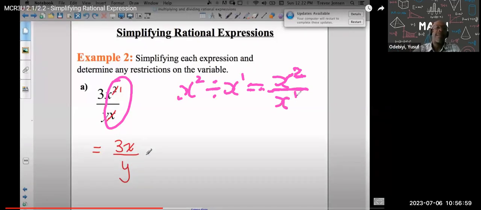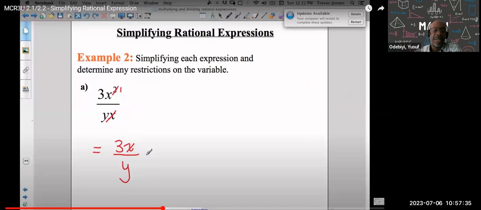It all means the same thing, right? I subtract the exponents. So in the end, I'm just going to have x to the power of 1, because it's x to the power of 2 minus 1. I'm just showing you, you guys probably know this, hopefully you do from like grade 9, the exponent rule. And that's just basically x. So that's why I got x here, okay? So that's my answer. Hopefully you guys got that.